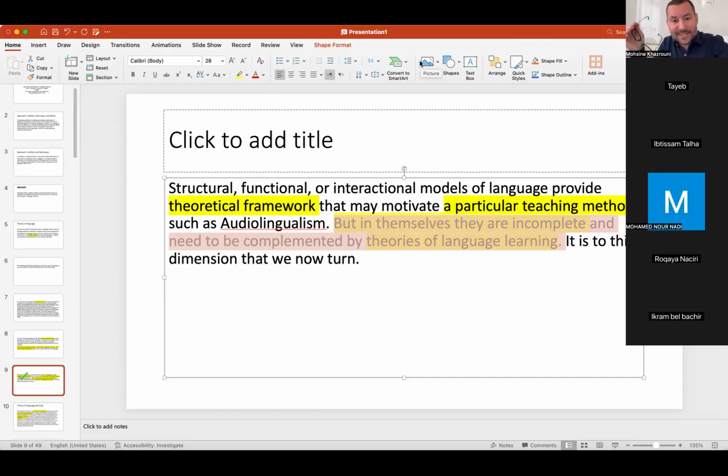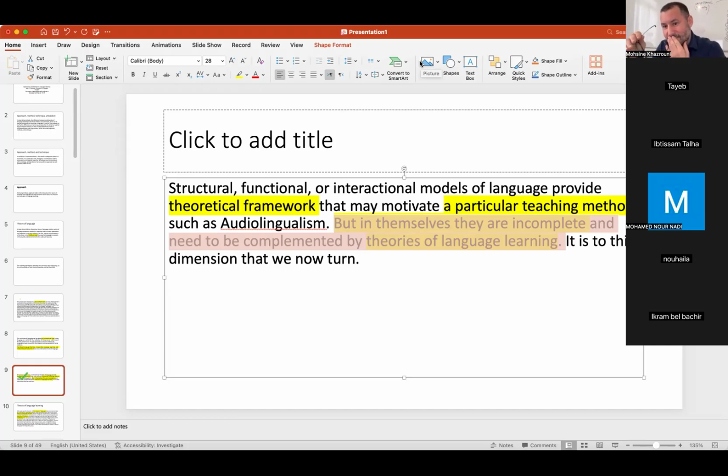Not the theoretical framework, which theoretical framework matches those activities in the classroom. Because you are talking in general. When I ask you a question, you're talking in general. Now my question is specific. What is the theoretical framework based on those activities the teacher used to do in the classroom?